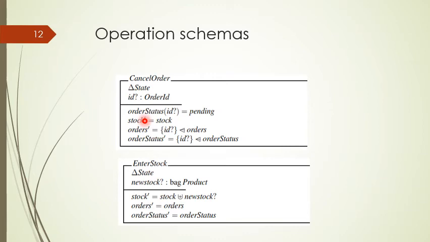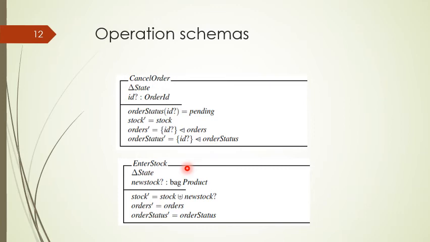The first predicate describes that there would be no change in stock system state variable, and for the variable orders we would subtract the input order with id input variable, and for the state variable order status, the order status with id would be subtracted.